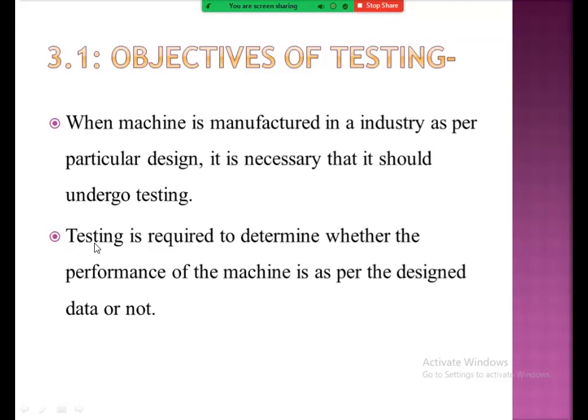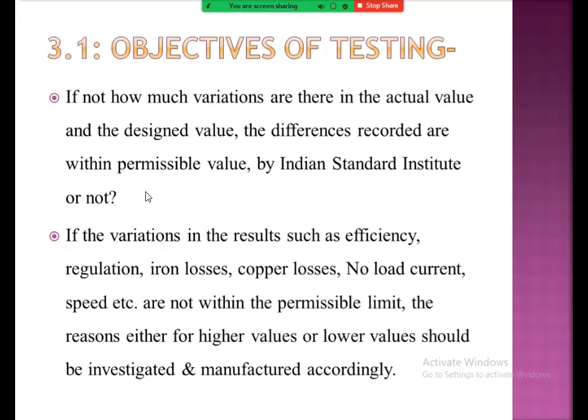We have to check whether the performance of the machine is as per the design data or not. Is that machine working as per the required data or not? Because of that reason also testing is necessary. If the machine is not working as per the design data, then how much variation is there between the actual value and the designed value?